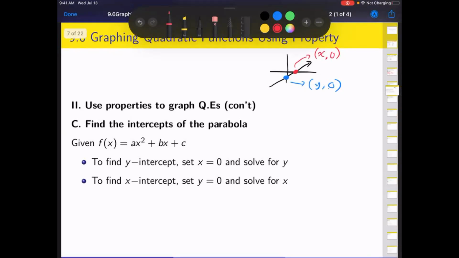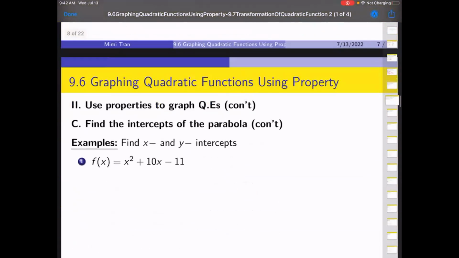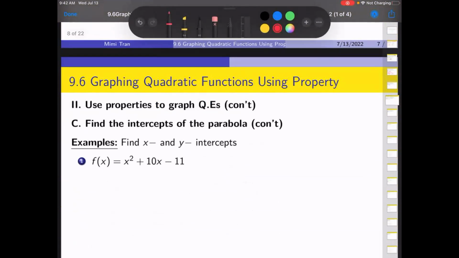To find the y-intercept, you set x equals 0 and then solve for y. To find the x-intercept, you set y equals 0 and then solve for x. Pretty straightforward. For example, this one: if I want to find the y-intercept, I set x equals 0. What does that mean? If x equals 0, what does y equal?